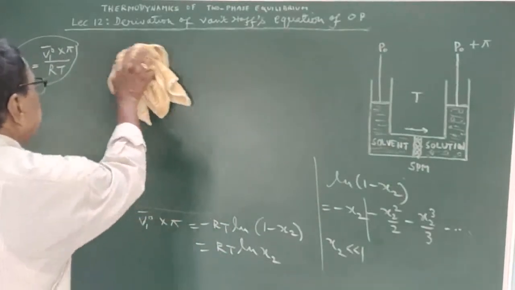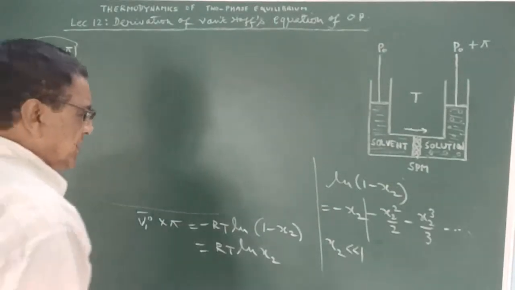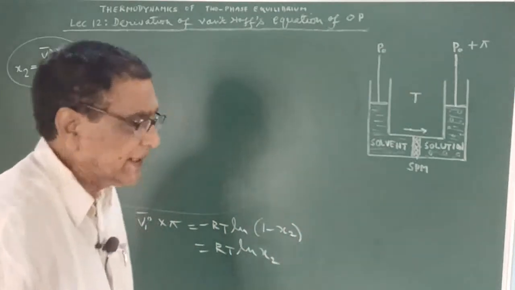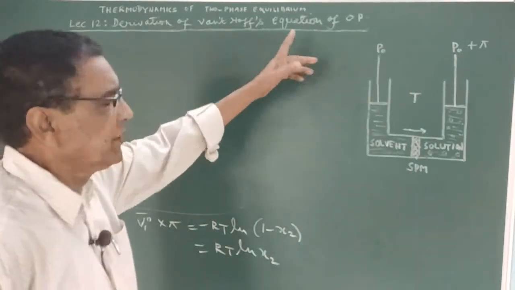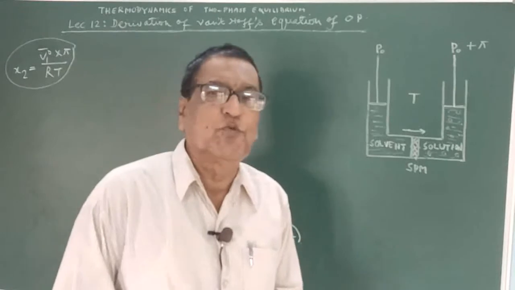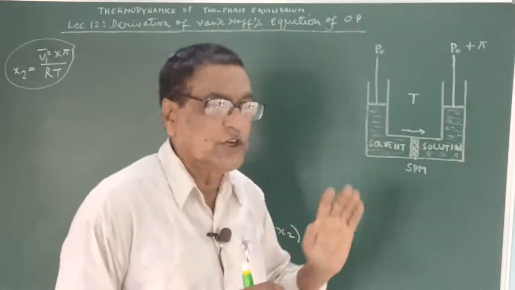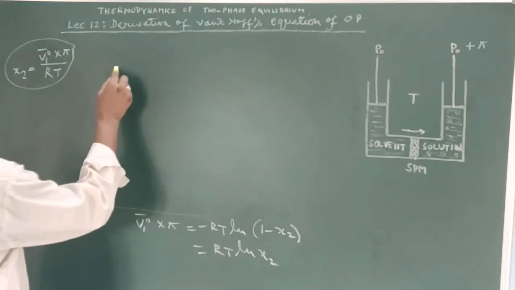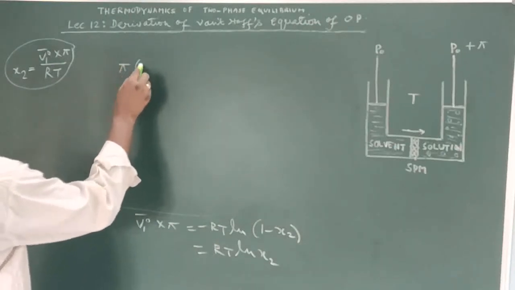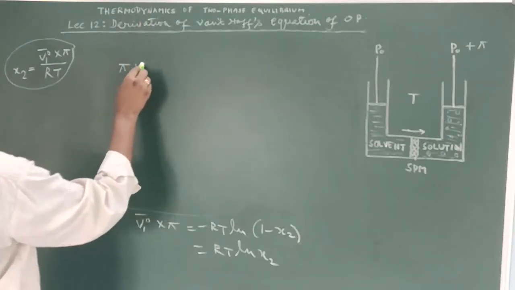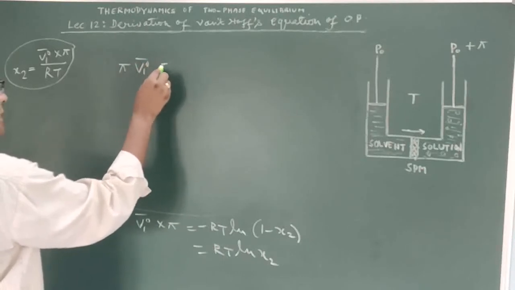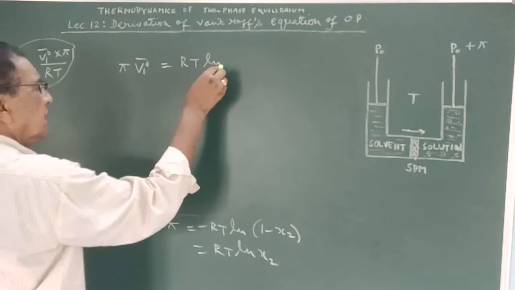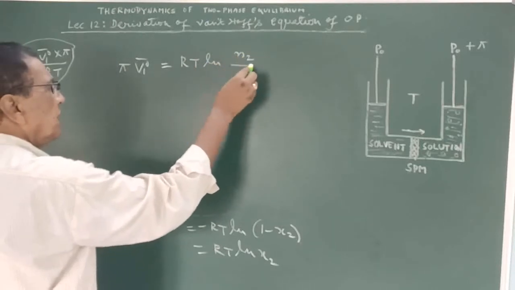And now we would like to express this van't Hoff equation in terms of the molar concentration of the solution. So here pi into V1 naught bar equals RT ln, here N2 divided by N.